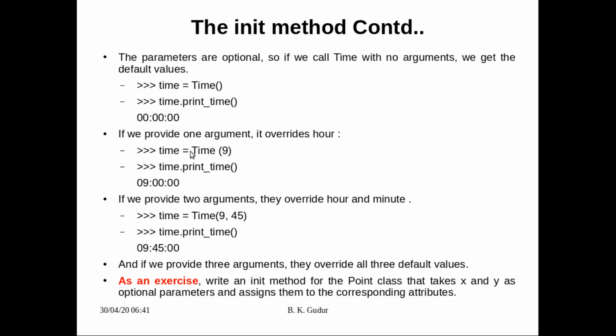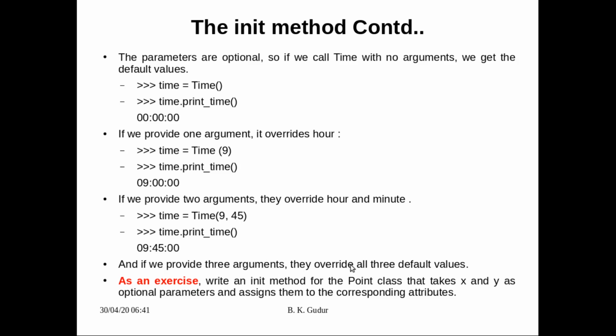Whenever we instantiate a Time object, that method is called automatically, and according to the arguments, the object will be given its attributes. And if we provide 3 arguments, like 9 hours, 45 minutes and 30 seconds, all 3 will be overridden.